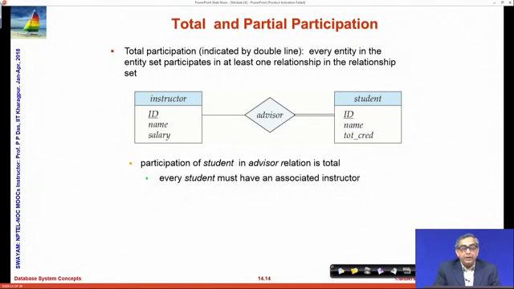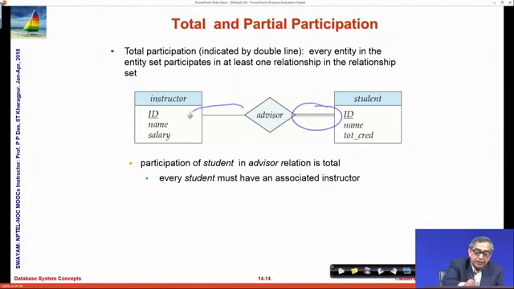A relationship could be total or it could be partial. If one side of the relationship, or whichever side of the relationship, is total, then we draw a double line. So, you can see here in the diagram we are drawing a double line, which means that in the advisor relationship the involvement of the student is total, which means that every student must feature in the advisor relationship, or in other words every student must have an advisor.